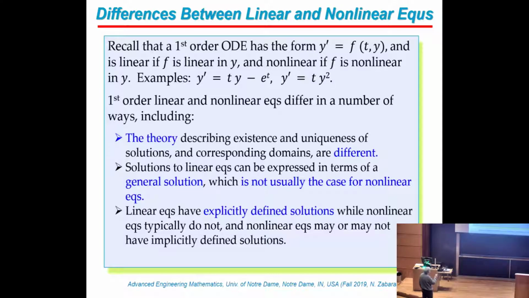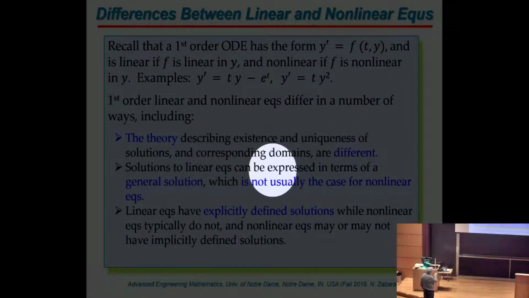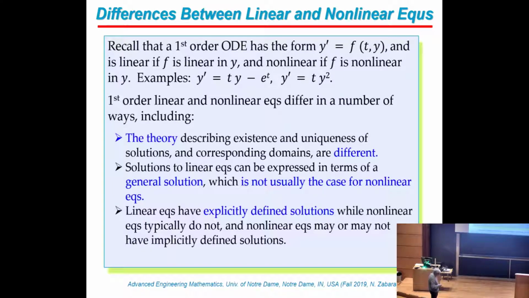Looking at the second item, you remember when we discussed linear equations, in many simple problems we computed the general solution in terms of some constants. We said, like, a constant times e to the minus x plus another constant times x plus something else, right? So the general solution involves some constants, and every solution differs by what numbers we put in these constants, depending on the initial conditions, okay?